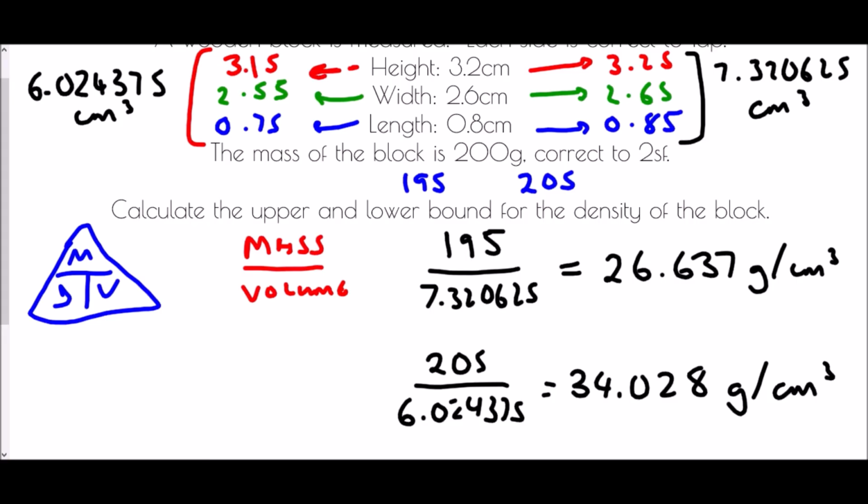So the smallest possible density was 26.637, and the largest possible density was 34.028 grams per centimetre cubed.